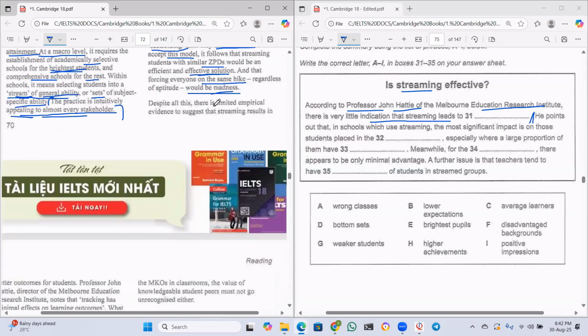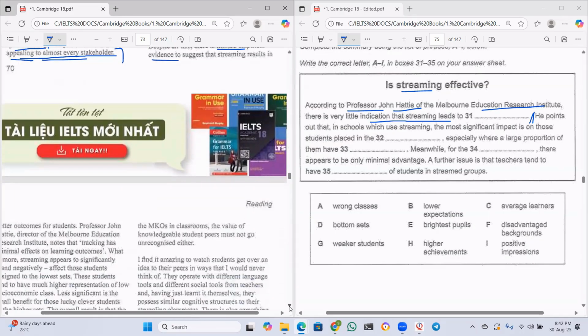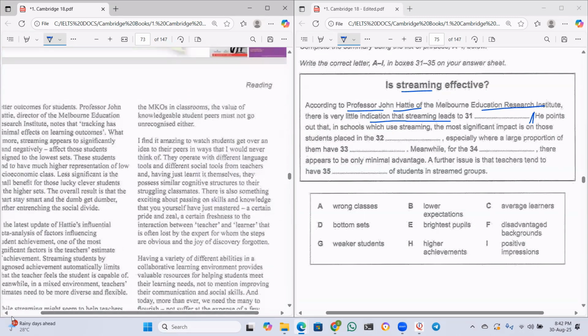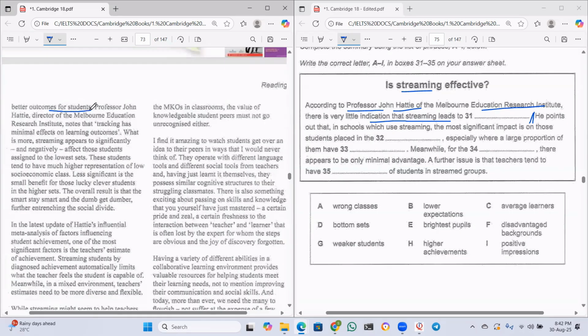Despite all this, there is limited empirical evidence to suggest that streaming results in better outcome for students. Okay, wow. So Professor John Hattie, director of Melbourne Institute, notes that tracking has minimal effects on learning outcomes. Okay.